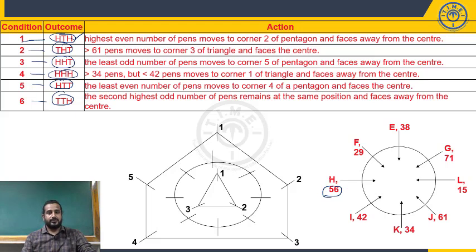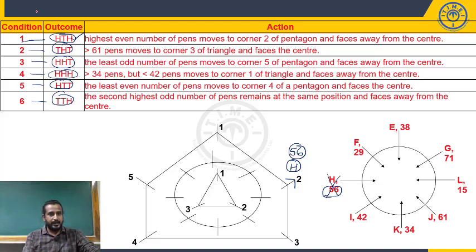H moves to corner 2 of the pentagon. So, who will be there? H, having 56 coins, and faces away from the center. Simple. Now H is removed from here.